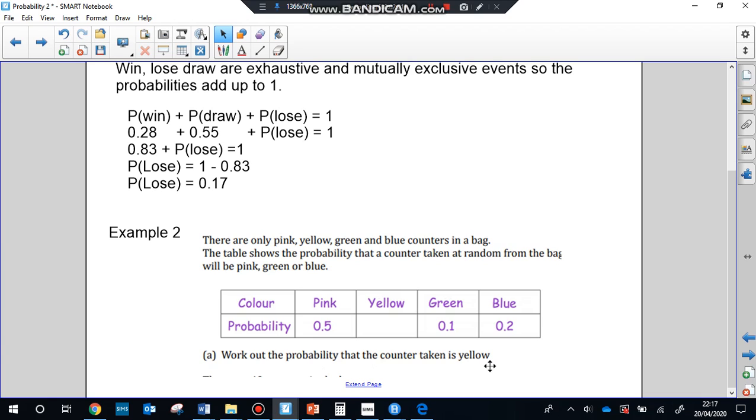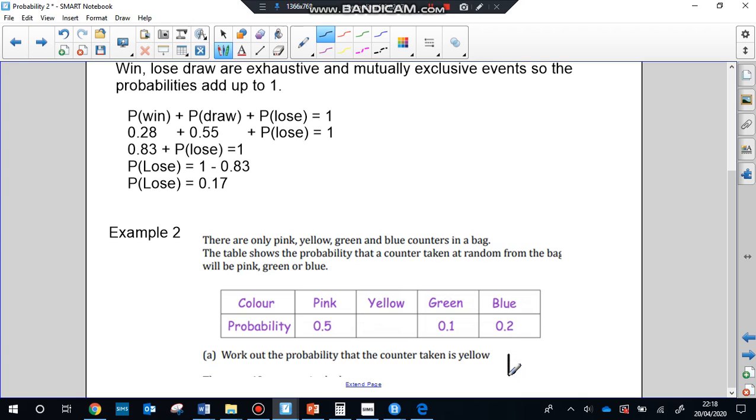Again, because there's only pink, yellow, green or blue, they are exhaustive events. But we also know they're mutually exclusive. They can't happen at the same time. So I know I can add those probabilities, but I also know they have to add up to 1. If I add 0.5, 0.1 and 0.2, they add up to 0.8.